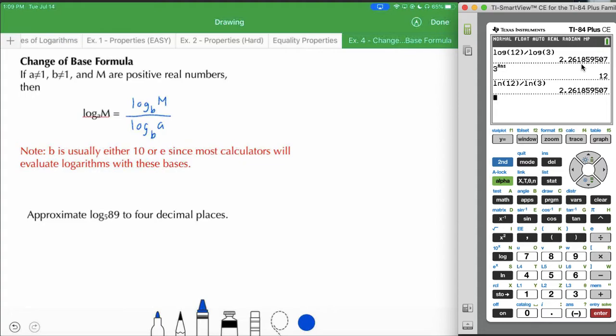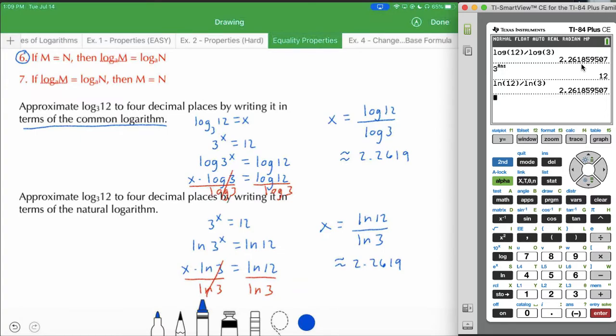Right? Notice this formula is exactly what we ended up applying in the end to approximate log base 3 of 12 here. Okay, I did it one of two ways. I changed log base 3 of 12 to common log of 12 divided by common log of 3, and I also changed it to natural log of 12 divided by natural log of 3.